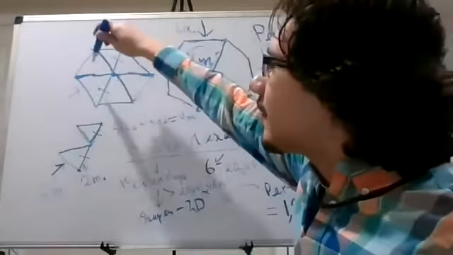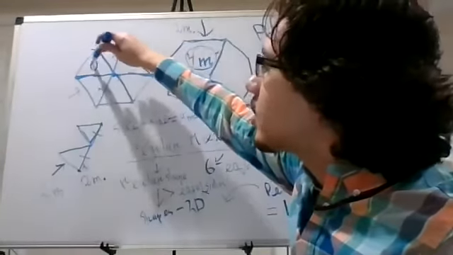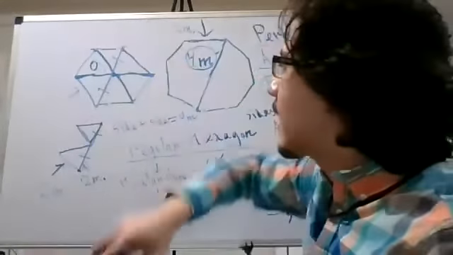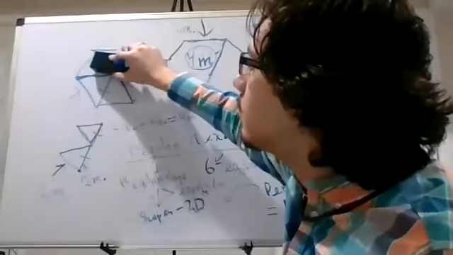So if we were to find the area of a triangle, could we use that to find the area of the whole hexagon? Anyone?